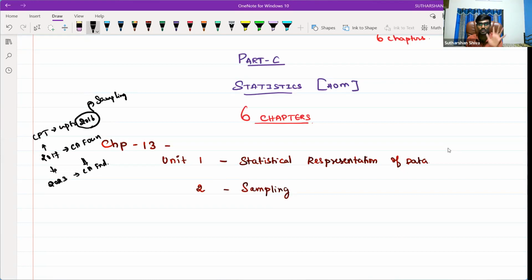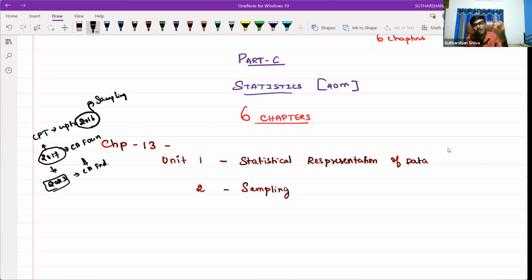What the institute did in the 2017 introduction was remove sampling and say you only need to study statistical representation of data. But understanding the importance of sampling, because it helps in the auditing chapter, they considered the need of the requirement.